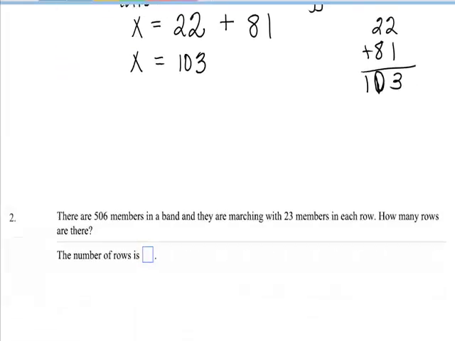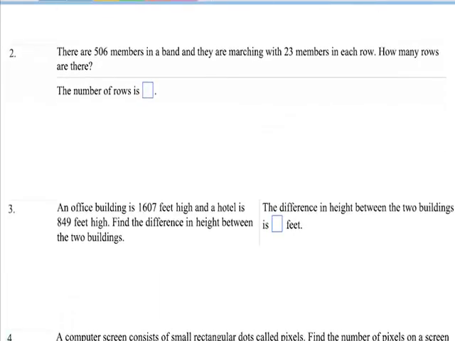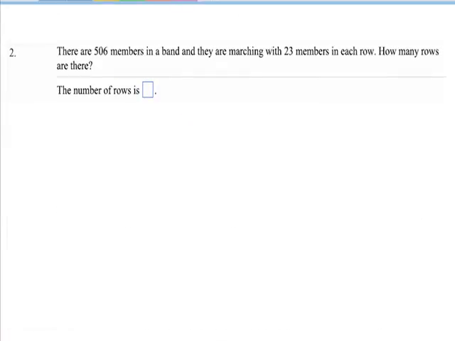All right, let's look at number 2. It says there are 506 members in a band, and they are marching with 23 members in each row. How many rows are there? Okay, that means that we have lots and lots of members, 506 of them.